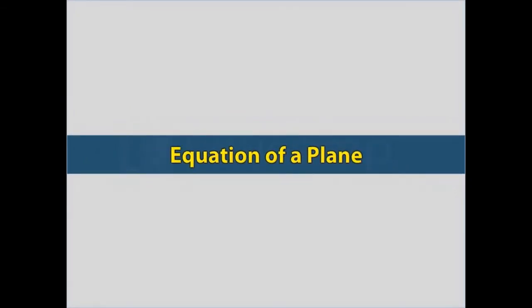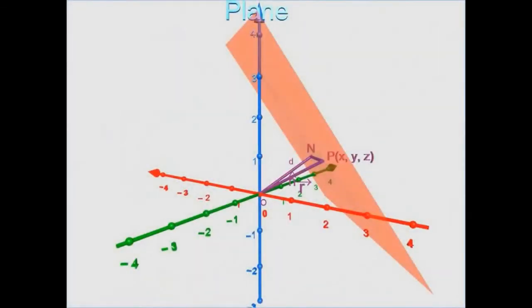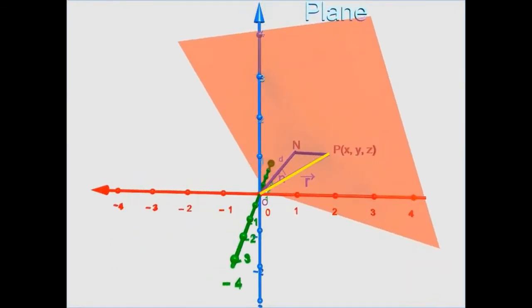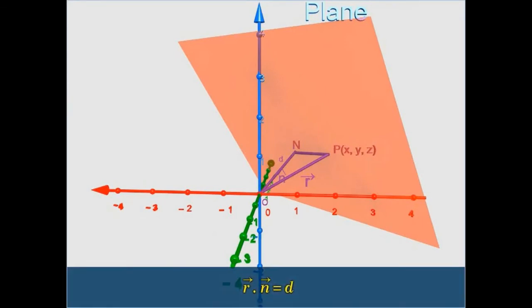Let us recall the equation of a plane in normal form in vector form. Let D be the perpendicular distance from the origin to the plane. Let vector R be the position vector of the point P. Then, the equation of a plane is given by vector R dot vector N equals D, where vector N is the normal to the given plane.